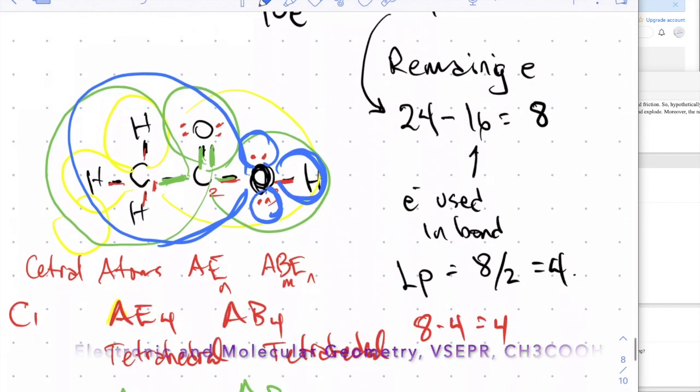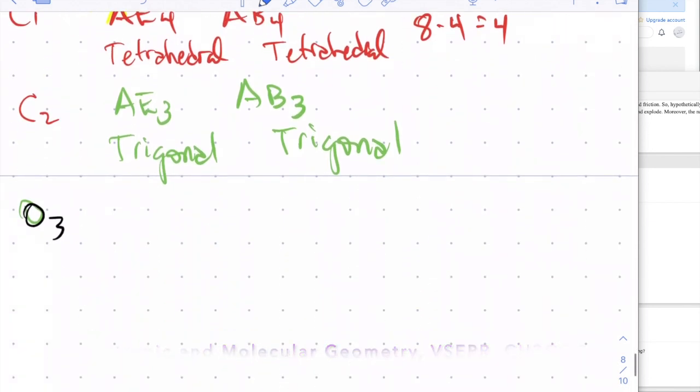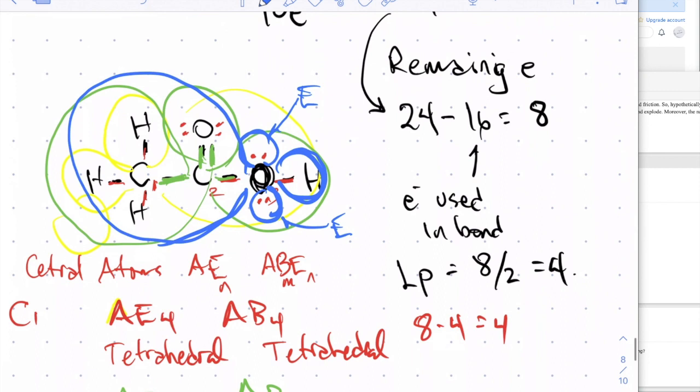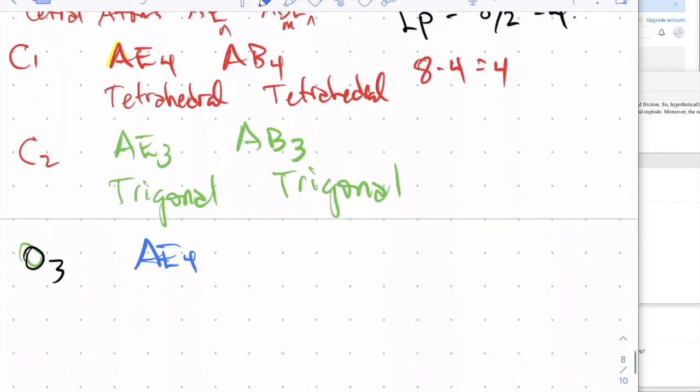So that is a designation of AE4. And if we look at this particular chemical, there's an electron pair here, an electron pair here. So of the 4 regions of electron density, only 2 of them have bonded atoms at the end, and the other 2 remain as lone pairs.